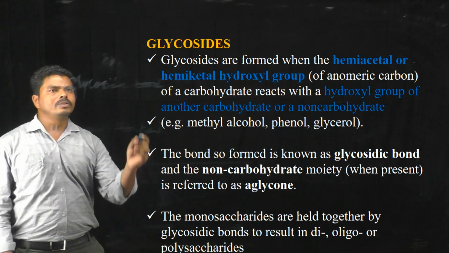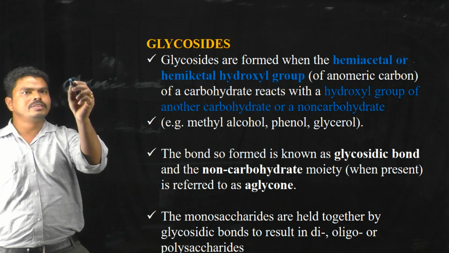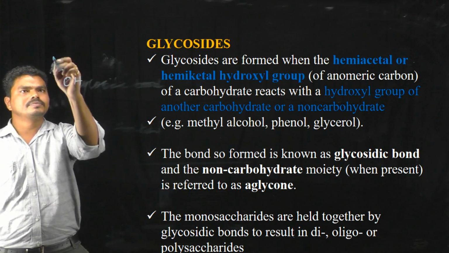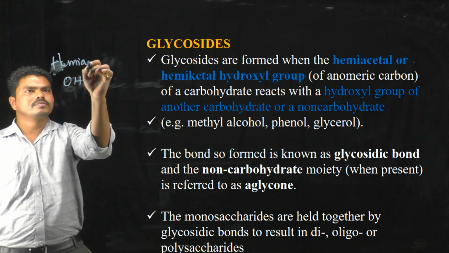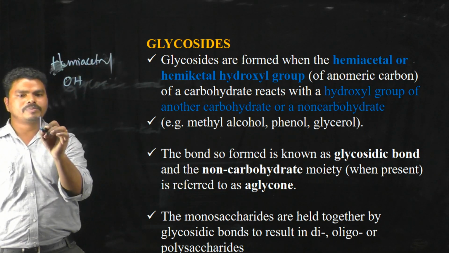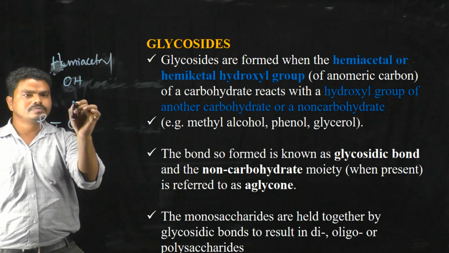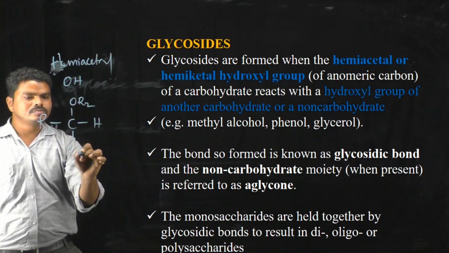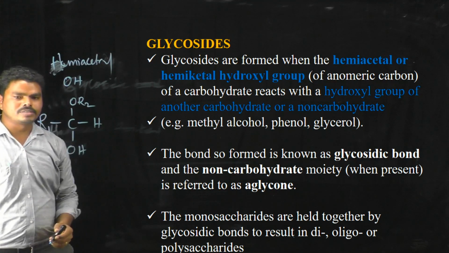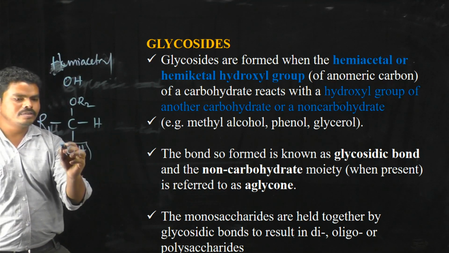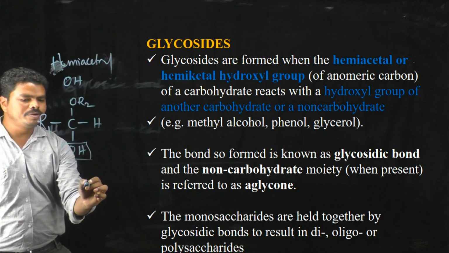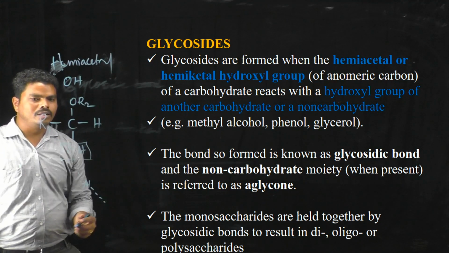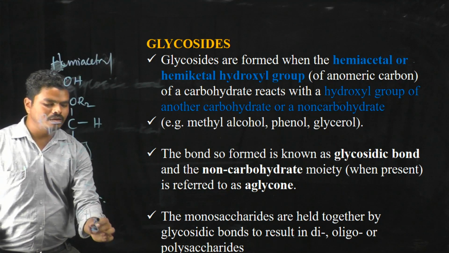For example, if the glycosidic bond is present between the hydroxyl group of a hemiacetal, consider this one as a hemiacetal structure, and there is a glycosidic bond formed between this one and methyl alcohol.